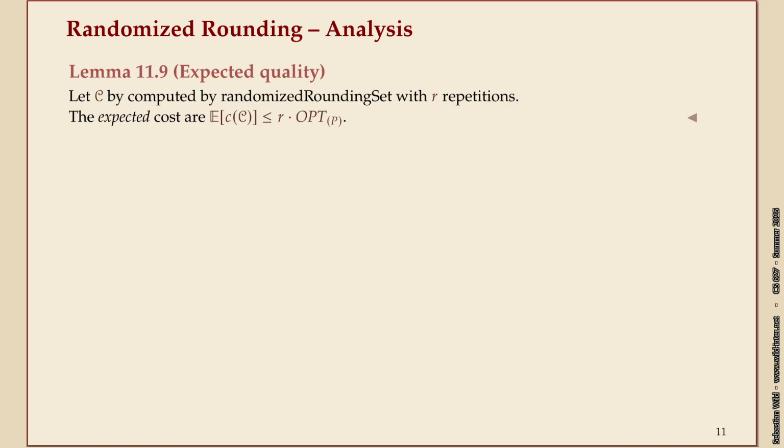Now this is the probability that we get any set cover. The other question is, how good will it be? And the expected cost is what we can bound. If we produce a set cover with this previous algorithm, then the expected cost it has is r times the optimal solution. So we essentially pay the same factor here.